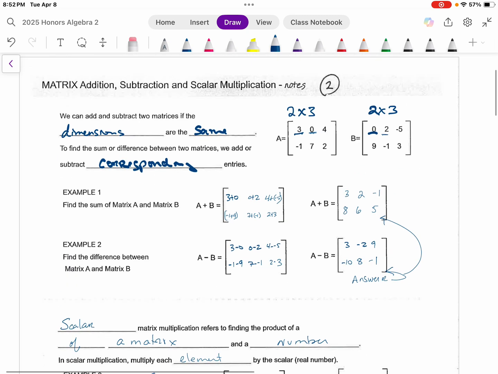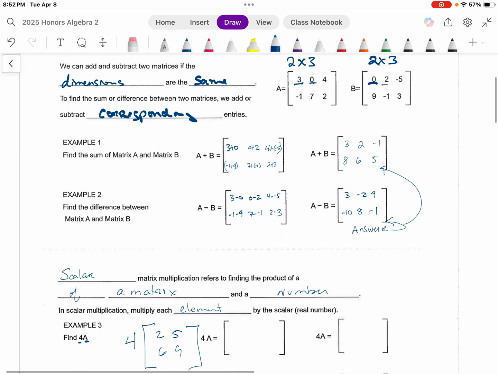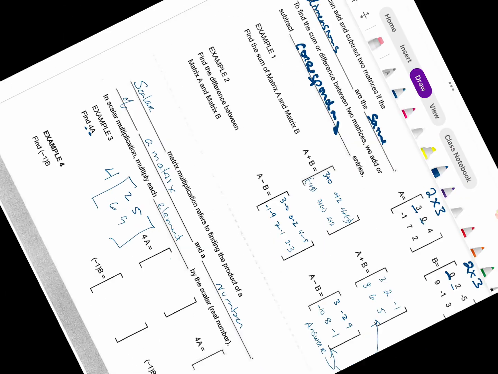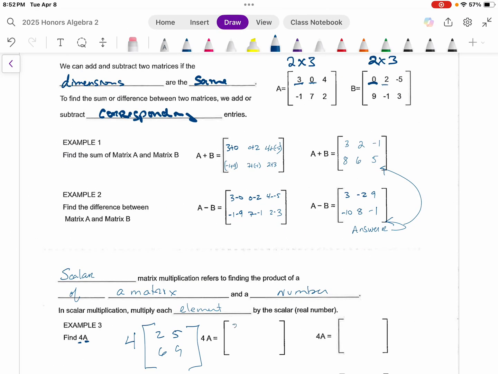So we go up here and grab matrix A again, which was 3, 0, 4, negative 1, 7, and 2.